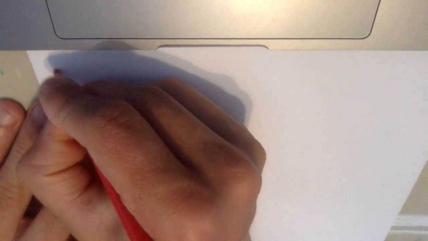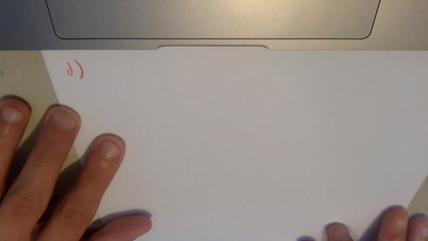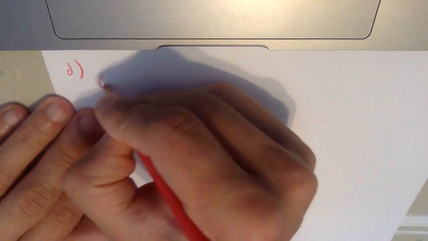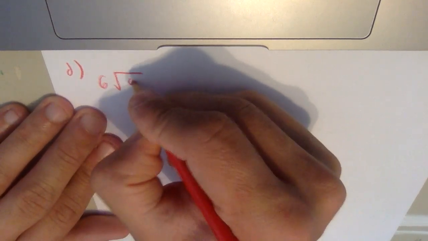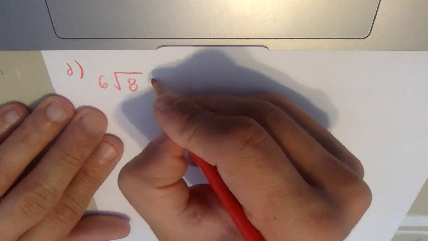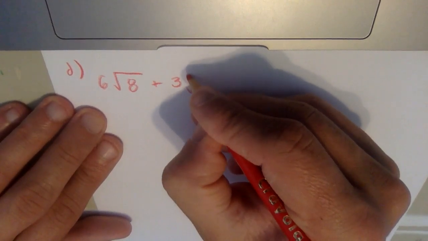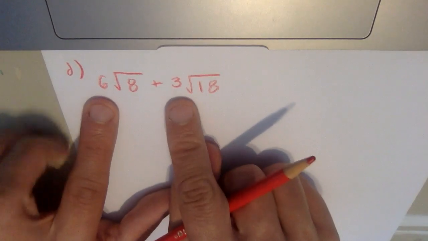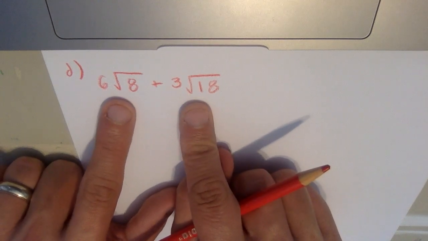Let's go to letter D. And let's go with this. We'll go with 6 times the square root of 8 plus 3 times the square root of 18. Okay, so notice the 6 and the 3, those are big numbers, right? And these are just normal square roots.